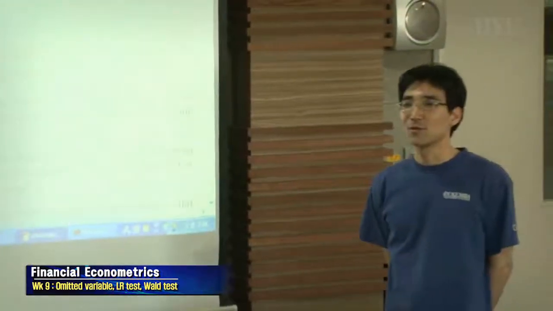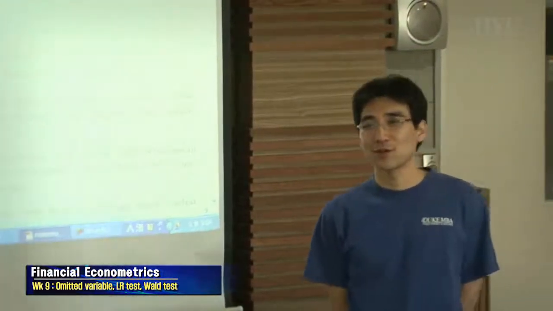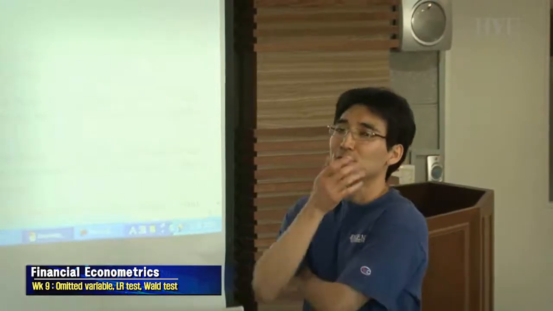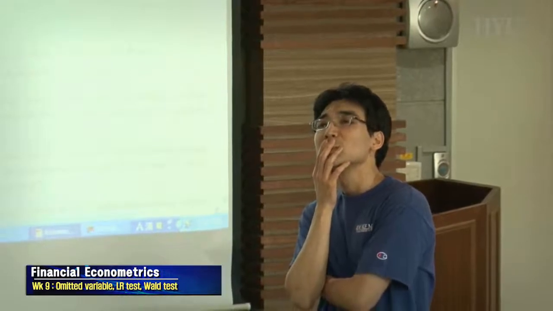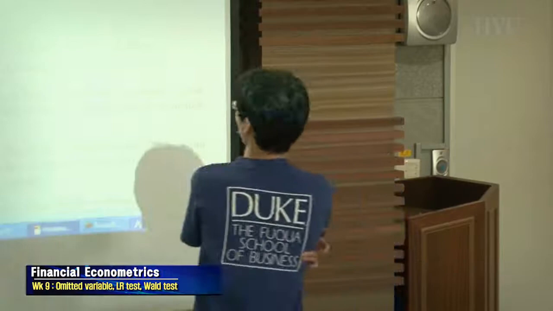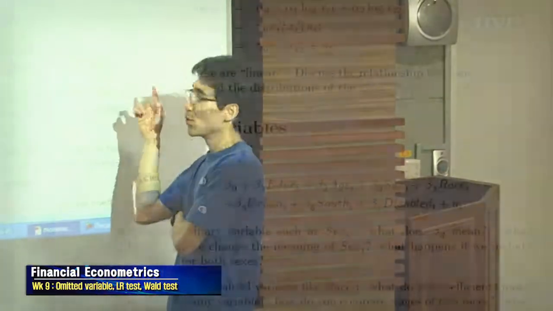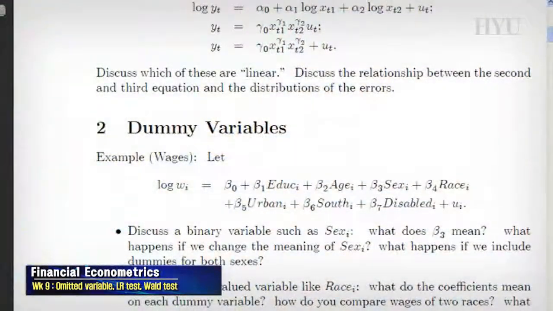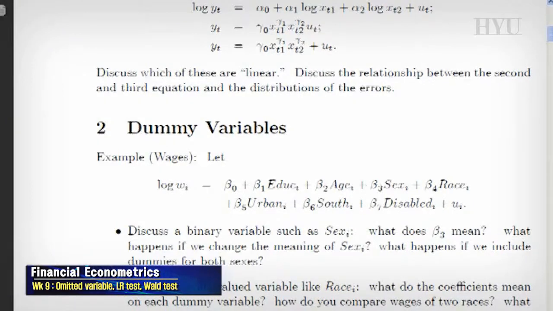Again, what is your guess? It will be overestimated. In comparison to the case with ability, do you think the estimated beta 1 is greater than the true beta 1 or smaller? I think it will be higher.